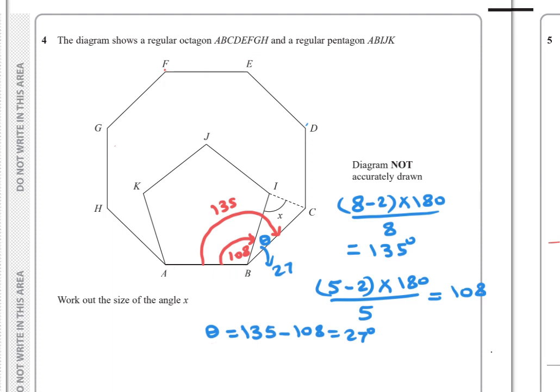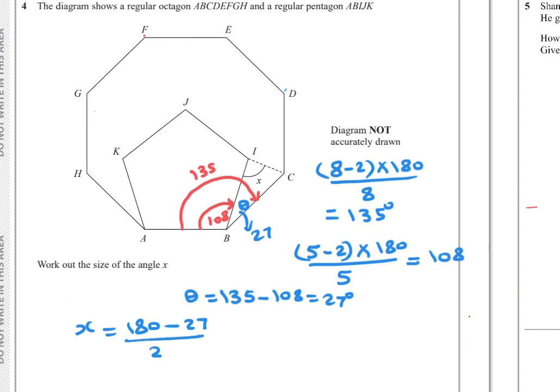So this means BL equals BC, because BL is a side in the regular pentagon and BC is a side in the octagon, and they are equal. So we have an isosceles triangle. So this angle equals that one. So to find angle x, x equals 180 minus 27 divided by 2 equals 76.5.